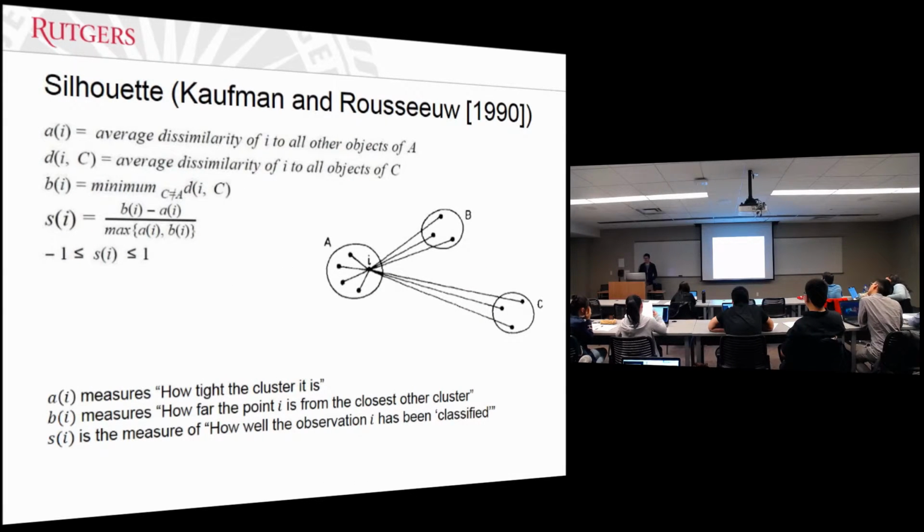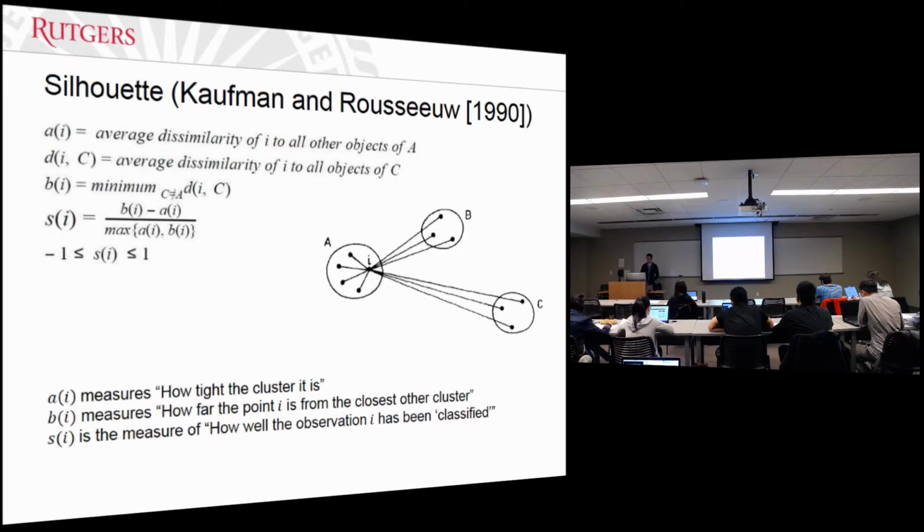And the next method actually is more advanced. We need to compute some quantity in order to calculate. The next method is actually called the silhouette. So actually, we need to calculate first the a(i), which is how far away our observation i is on average from other observations within the same cluster. So a(i) measures how tight our cluster is.